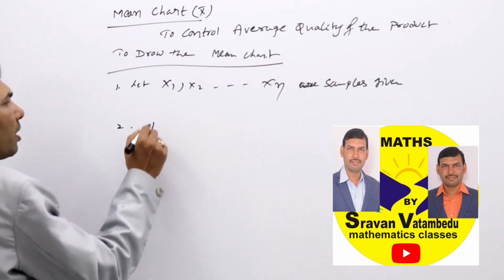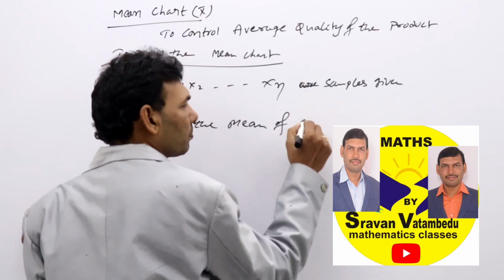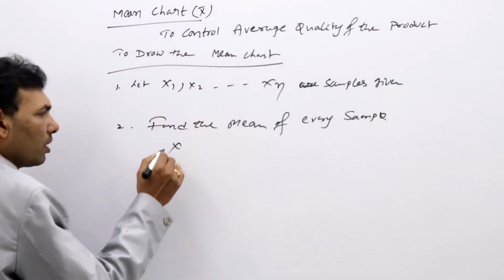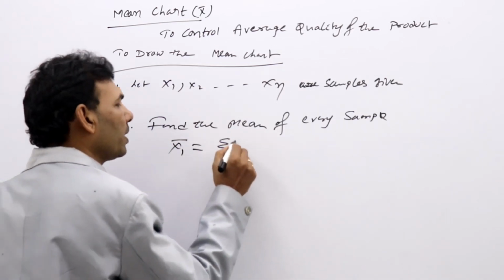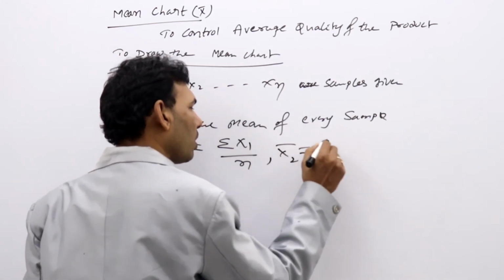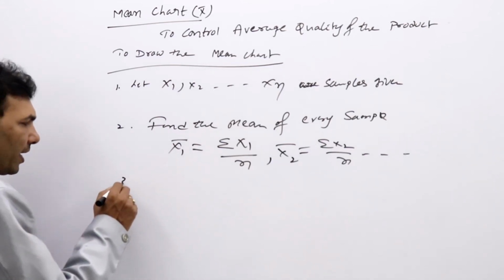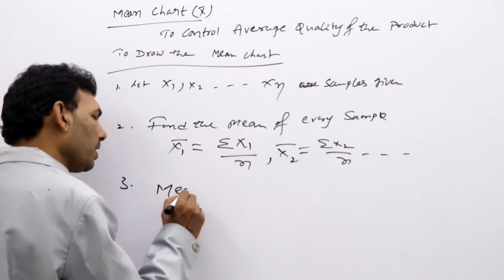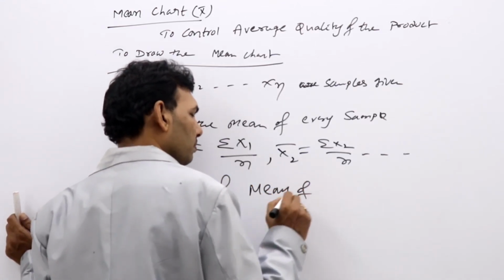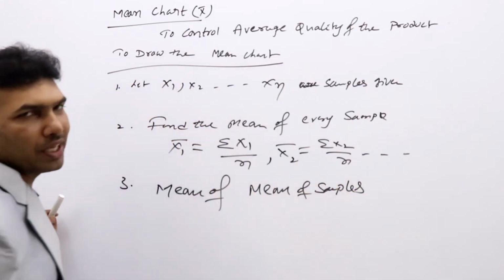Now find the mean of every sample using this formula. If you want x1 bar, that will be sigma x1 by n. Like this, calculate x2 bar, sigma x2 by n. After finding this, find the mean of sample means.